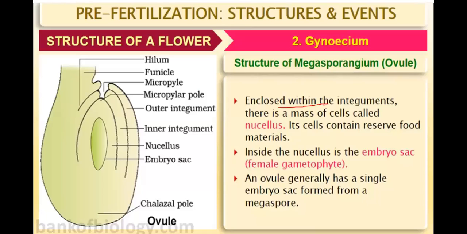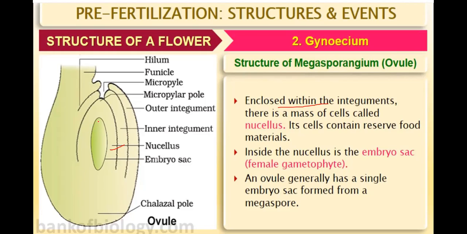Enclosed within the integument, there is a mass of cells called nucellus. Its cells contain reserved food material. Inside the nucellus is the embryo sac.